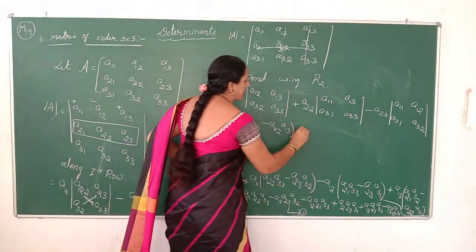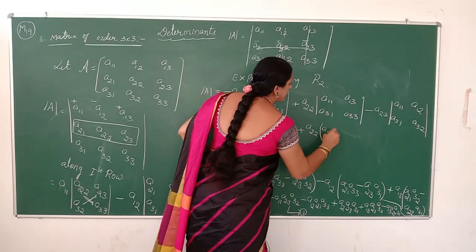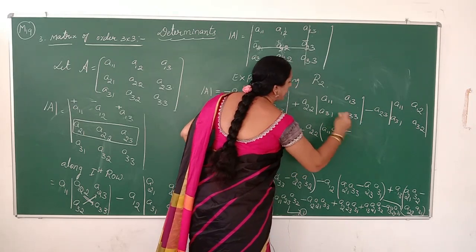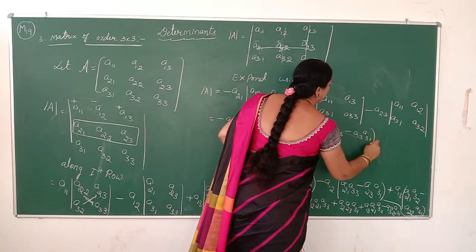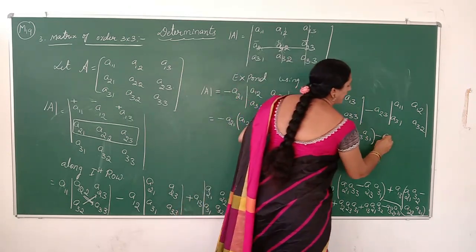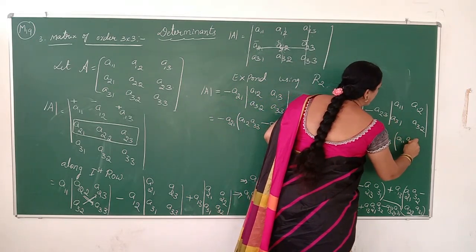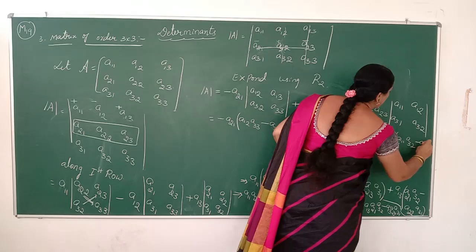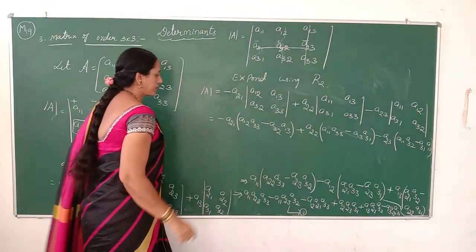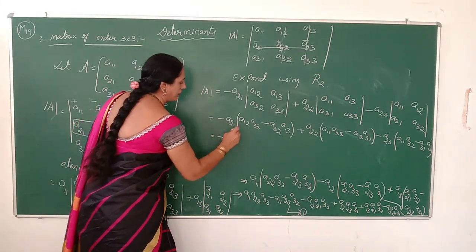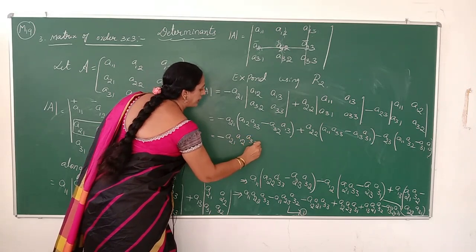Similarly, the second element is plus A22 of: the product of the left diagonal is A11, A33 minus the right diagonal A13, A31. The third one is minus A23 of: the left diagonal is A11, A32 minus A31, A12. So on multiplying, minus A21, A12, A33.